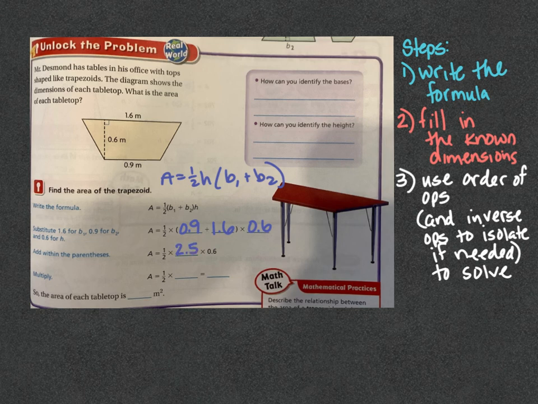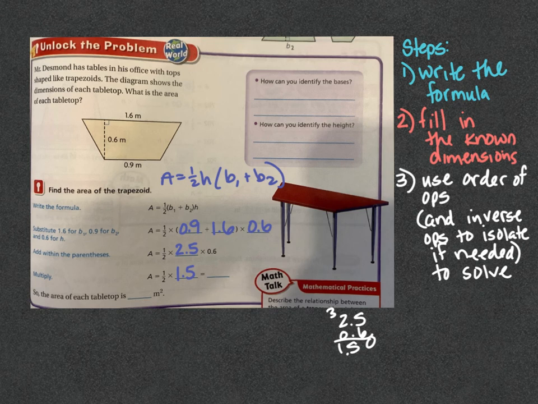Now, because there's only multiplication left as my operations, I could do 1/2 times 2.5 or 1/2 times 0.6. I could move the order around. I personally normally would look for even numbers to cut in half because even numbers are easy for me to cut in half. They didn't do that, however, so I'm going to keep going their way. We're going to do the 2.5 times the 0.6, and I get 1.5.